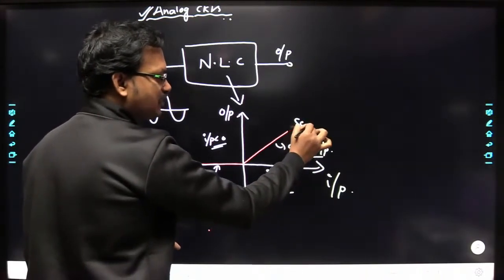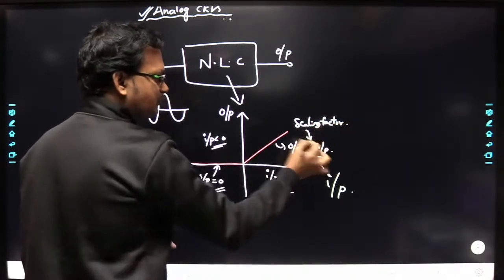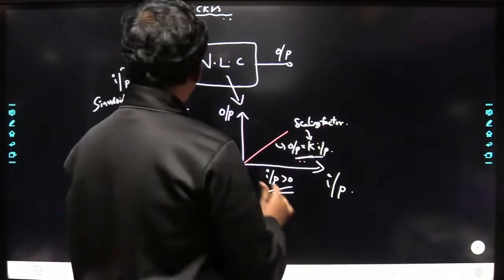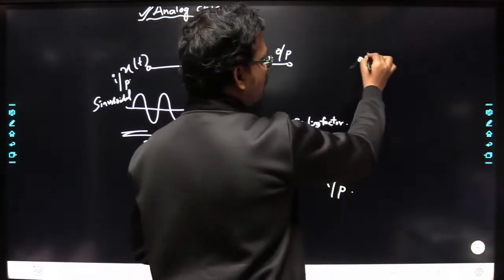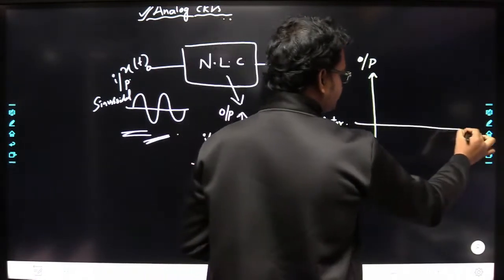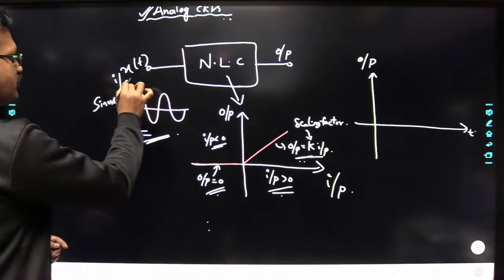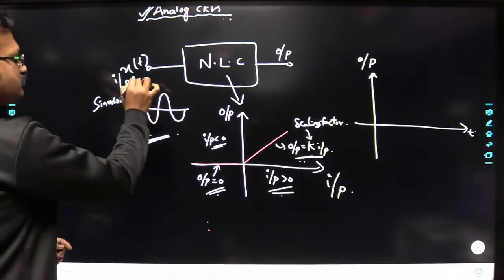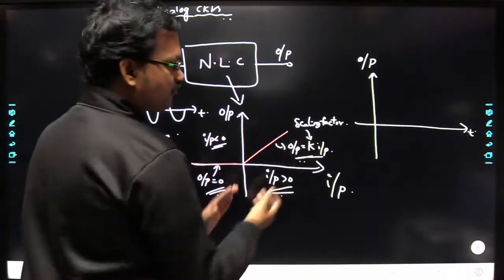So now you can draw the output waveform. This is the input waveform with respect to time. What is the output waveform you can expect?